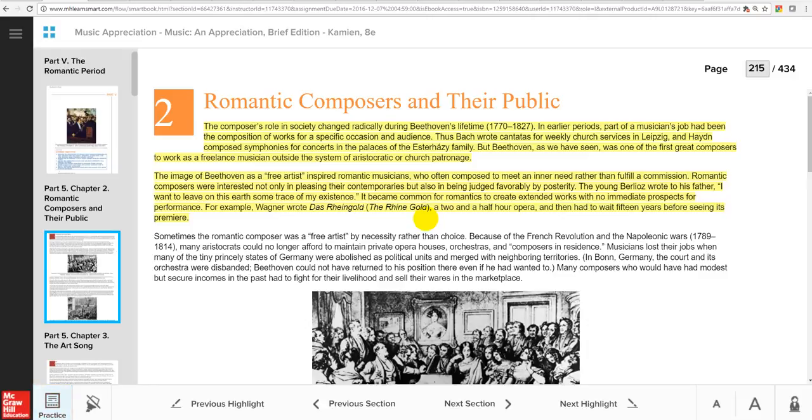But a lot of times they were free to write music, and some composers like Schubert even never heard some of their music. There was a lot of music Schubert wrote that he never got to actually see performed in concert. He wrote it because he just felt this inner need to write music. He felt like it was what he was put on this planet to do.